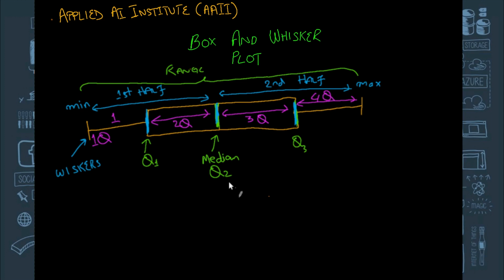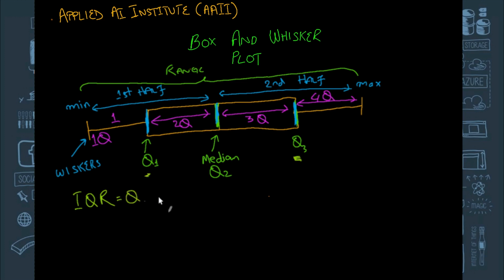These four quartiles denote altogether 100% of the data. Now one more terminology is the IQR, which is the interquartile range. The interquartile range is basically Q3 minus Q1.